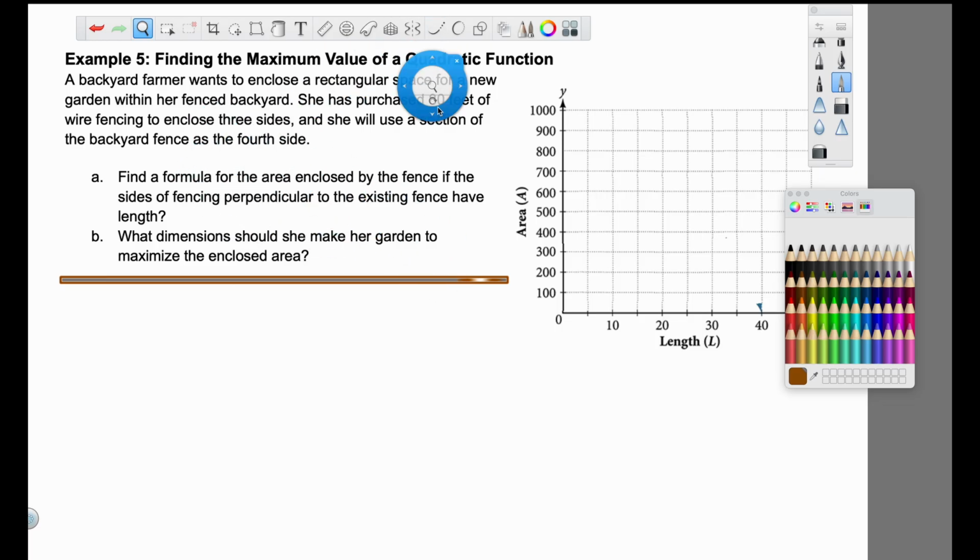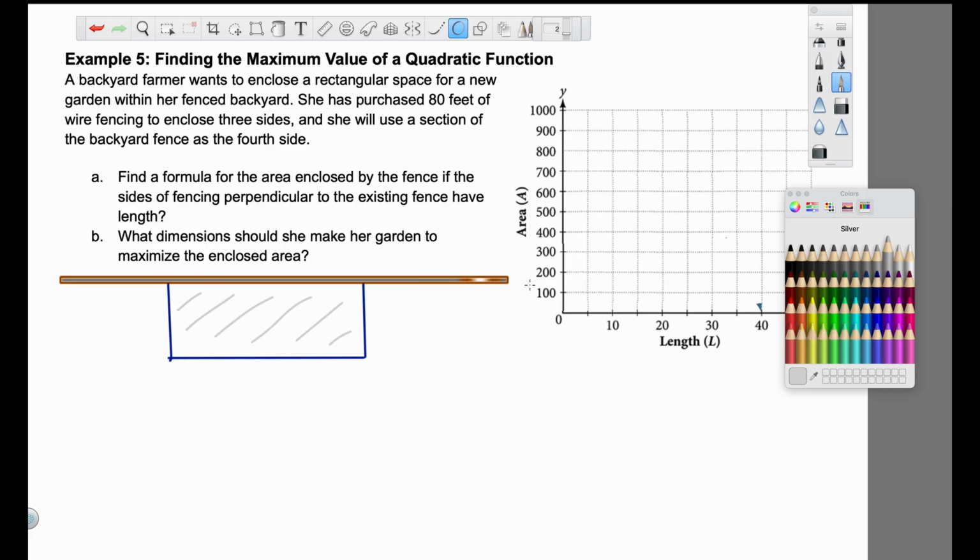And we've got 3 sides that get enclosed on that fence. Off of the fencing, we're going to have some sort of enclosed space right here. So we have 3 sides, and then the fence is the 4th.